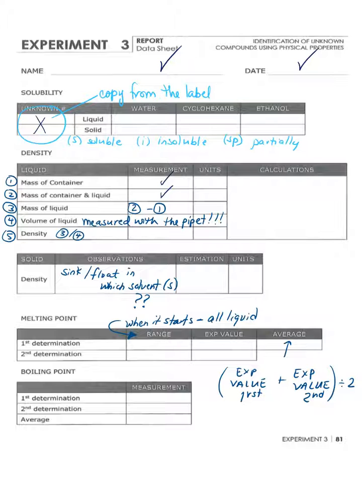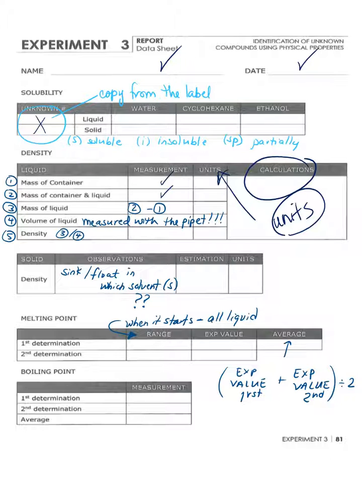And you can calculate the density, that's number 5, because density is the mass of your liquid divided by the volume of your liquid. Make sure that you show your calculations here and that you include the units. That's for the density of your liquid.